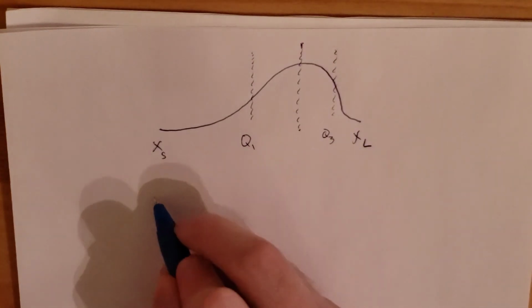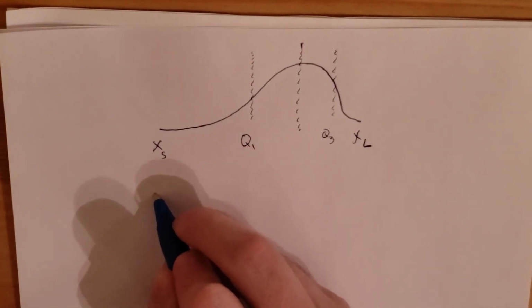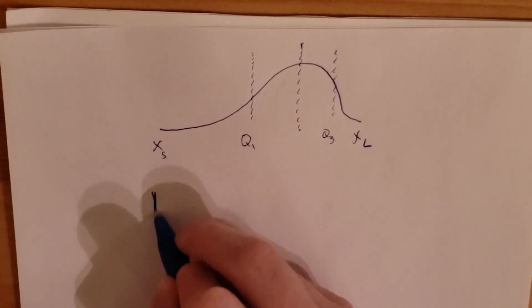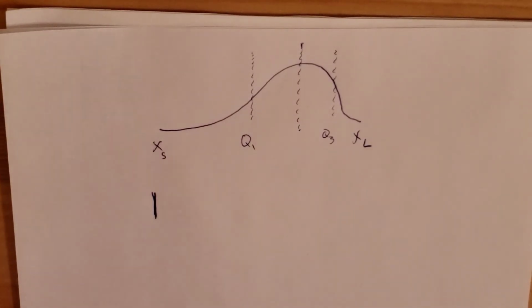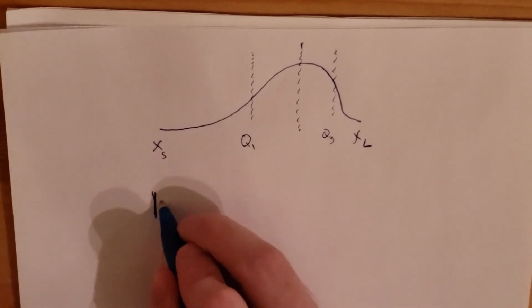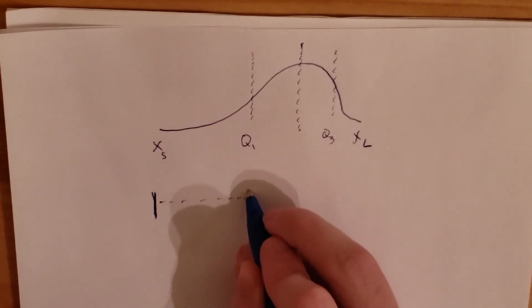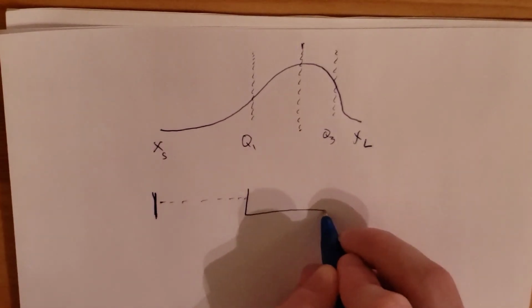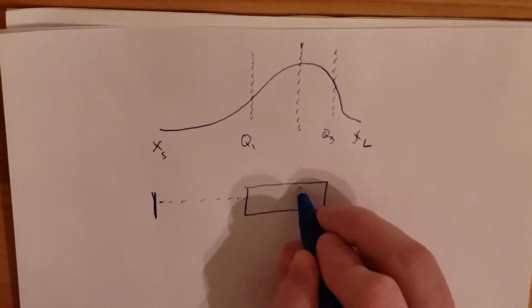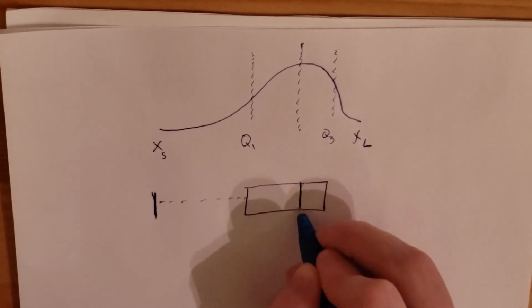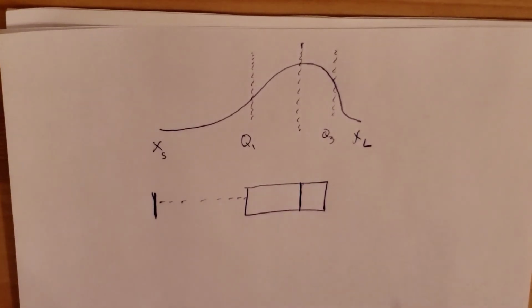So our 5-number summary, or our box plot, which is our visual representation of the 5-number summary, might look something like this. Notice the median doesn't have to go in the middle of this box here.